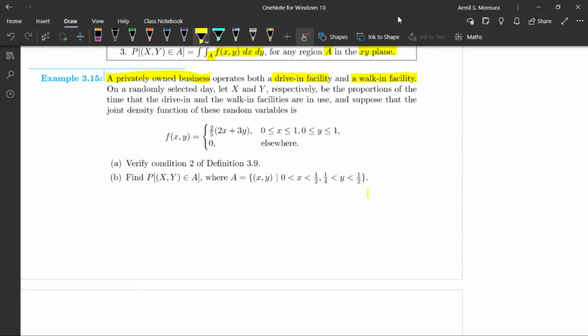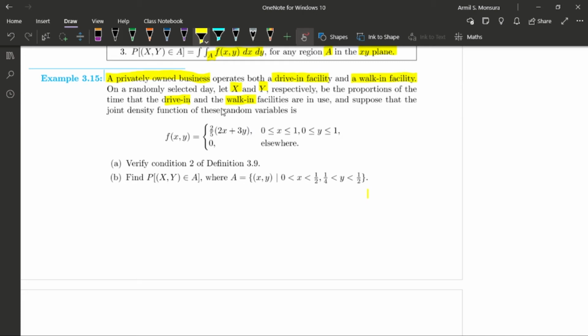Now x and y represent the proportions of time that it operates as a drive-in and a walk-in, respectively. So x is the proportion of the operational time within the day of the business as a drive-in, and y represents the proportion of the time that it operates as a walk-in facility.